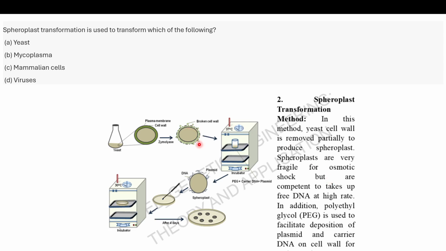Now you have a carrier molecule which can carry the DNA or plasmid inside the cells, and it is incubated together at a particular temperature for an optimum duration, and then the gene of interest or recombinant plasmid is taken up by the yeast cells. So the answer will be yeast.